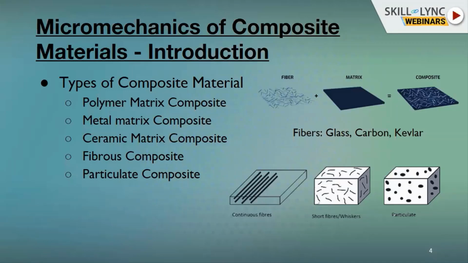In these terms, we can categorize the composite into fibrous composites or particulate composites. If the reinforcement material is used as a particulate, then we term it a particulate composite. If we have fibers, either continuous or short, we call it a fibrous composite.